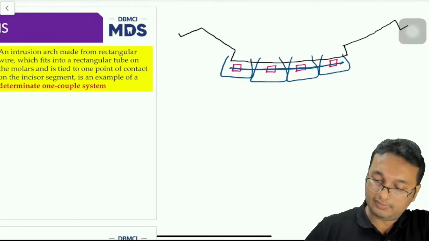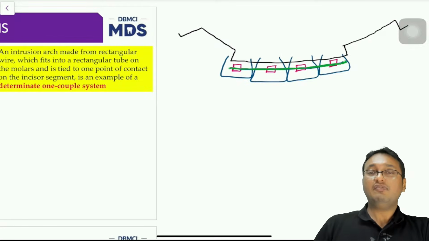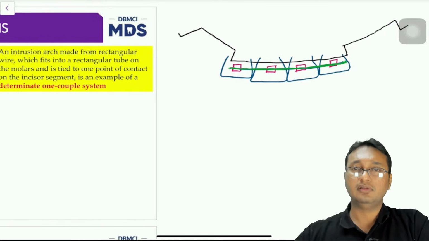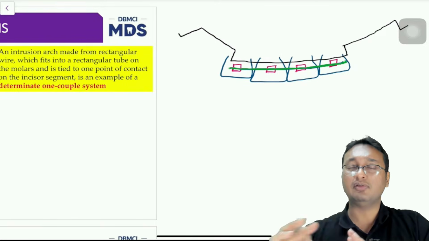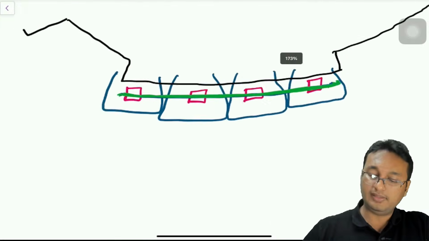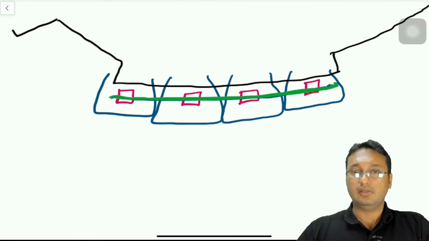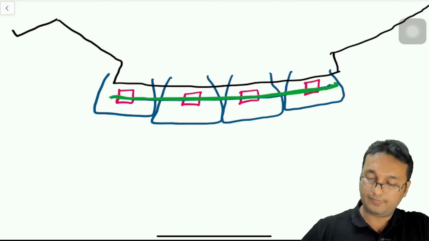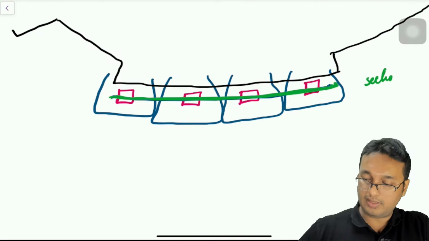Now in a one couple system, what happens? We have a green section of wire attached from lateral incisor to lateral incisor, making it a single unit. You can see in the diagram here that the green colored arch wire is called a sectional arch wire.